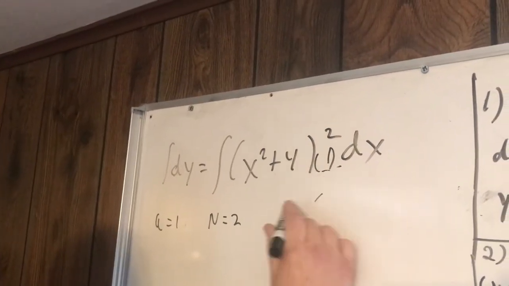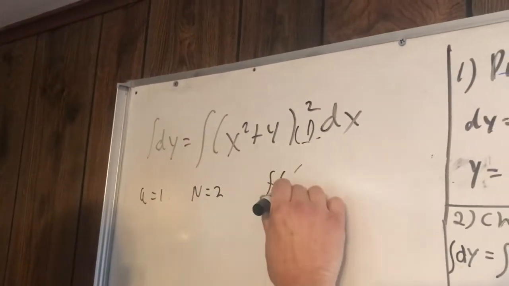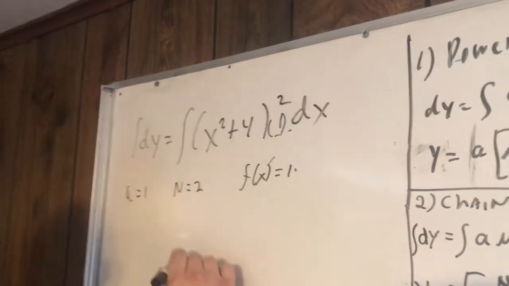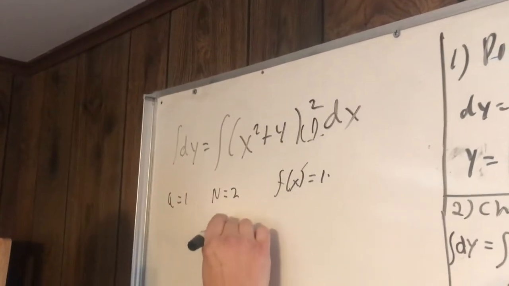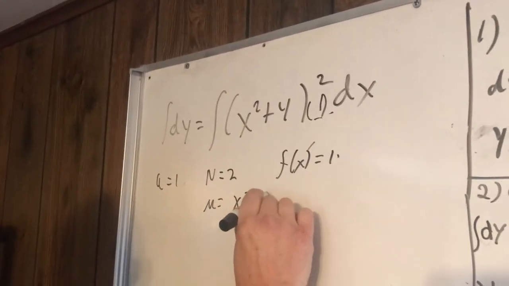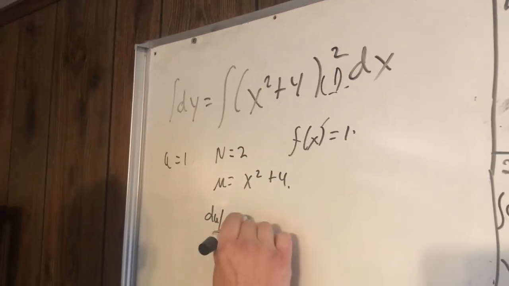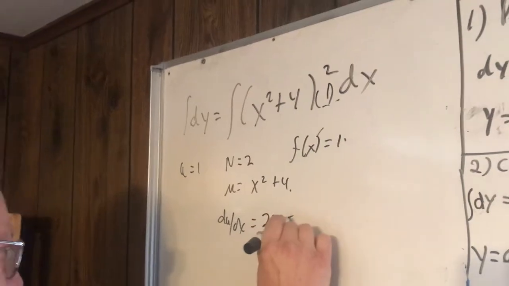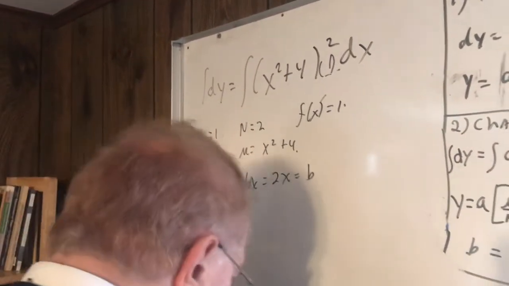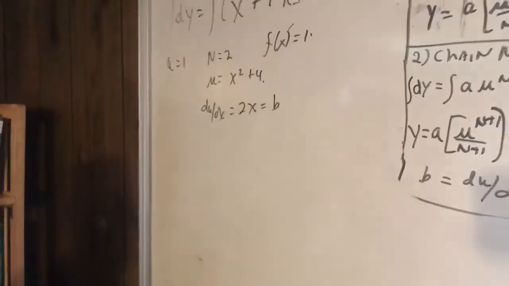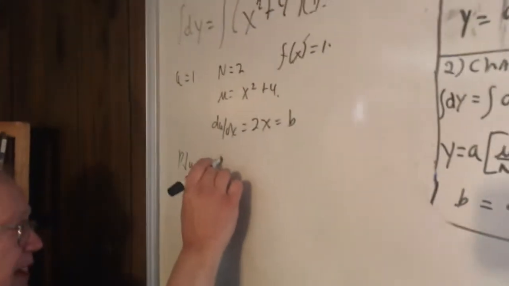Notice f of x should be between there, so the only thing we can say is that it's 1. Now u is x squared plus 4, and du/dx is 2x, which is b. So substituting, plug into chain rule.